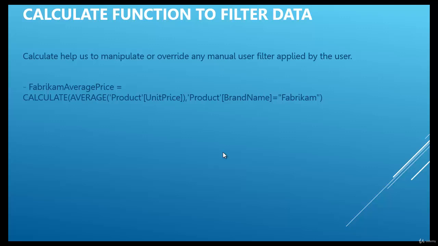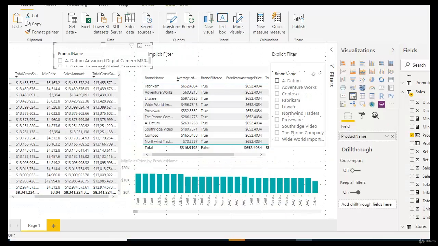For example, here we are creating average product unit price, and we are filtering the data based on the brand name, that is Fabricum. So this is going to be the text filter, and it overrides any manual filter applied by the user. So let's see this.